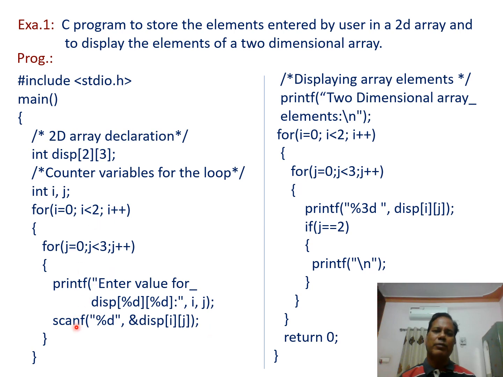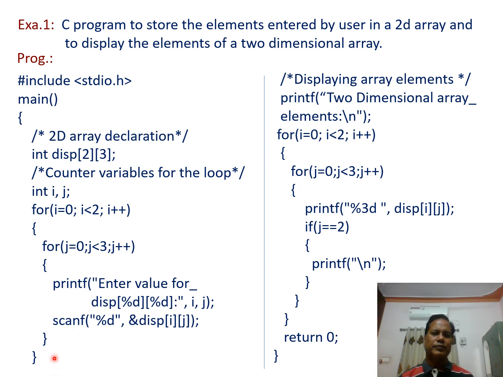When the value of i is incremented, the condition becomes false because 2 is not less than 2. Control comes out of the outer for loop. So in this way, we stored 6 integer values in the two-dimensional array, starting from 0 0 to 1 2.